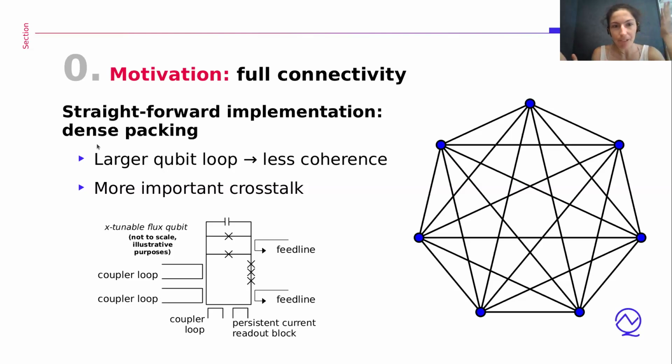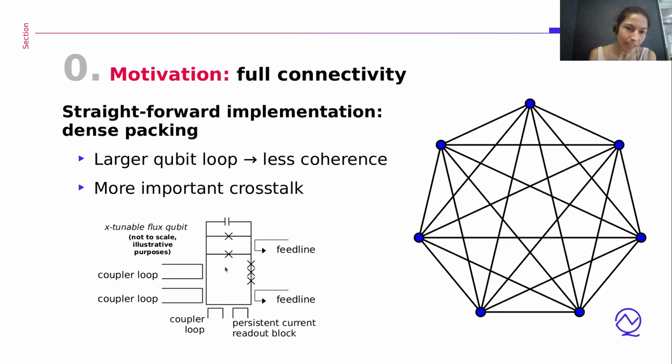The straightforward implementation, which would be just densely packing all the qubits with all the connections between them, is really complicated. Not only for crosstalk compensation once you've built a device, which becomes an absolute nightmare, but also because the more couplers you want to attach to your qubit, thinking about superconducting flux qubits, which I'm going to be thinking about throughout the talk, for geometrical reasons you need to make the qubit loop larger.